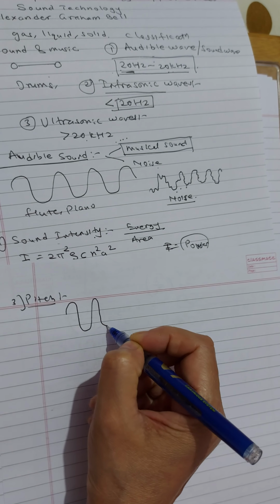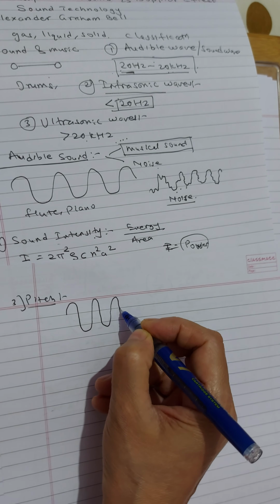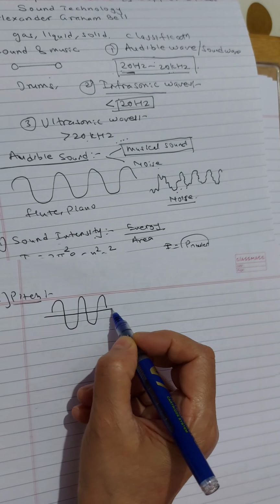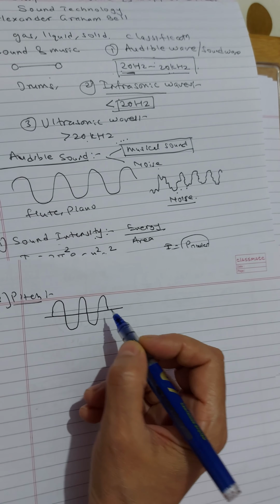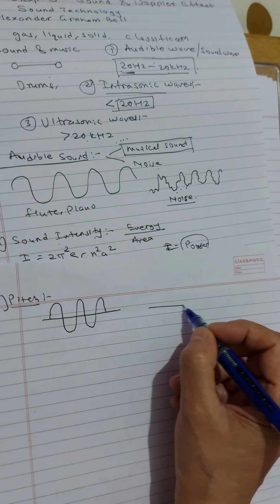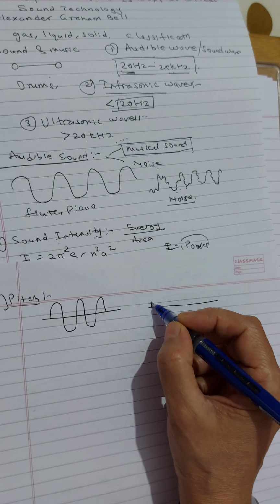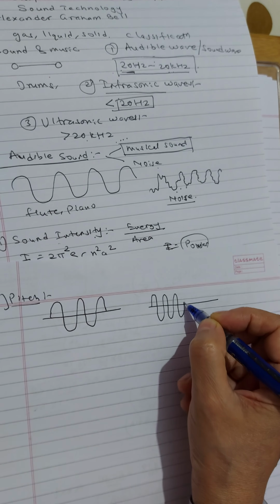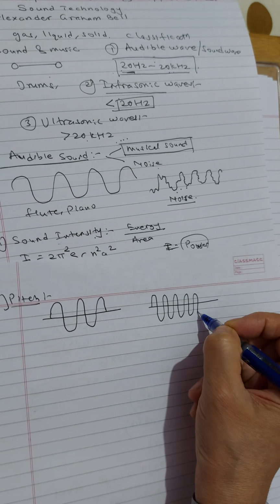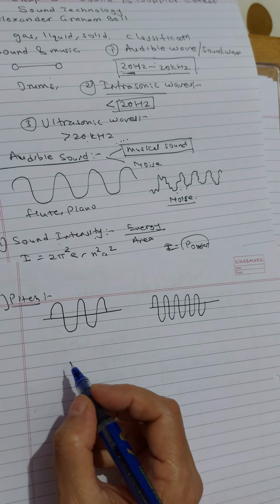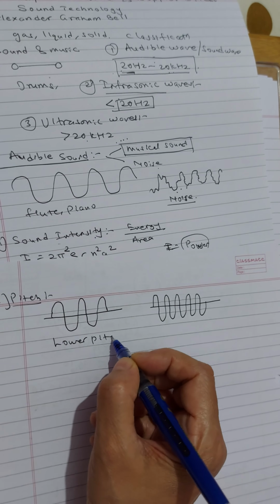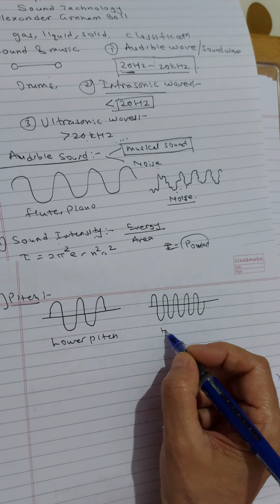Suppose I draw a waveform like this, and the second waveform will be a little more closer. Suppose I draw it this way. So here I say this is lower pitch and this is higher pitch.